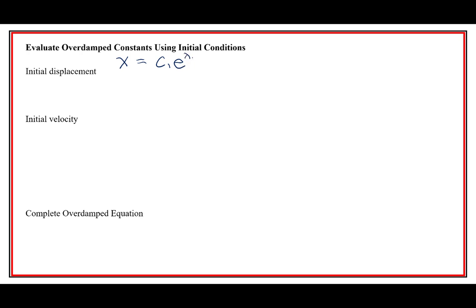Now these are two real but different roots, and we don't bother with putting in what lambda 1 and lambda 2 are going to be. Those are values that we could find.